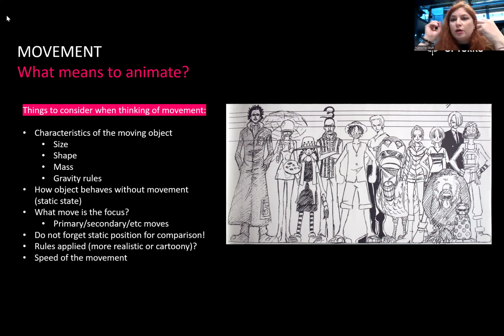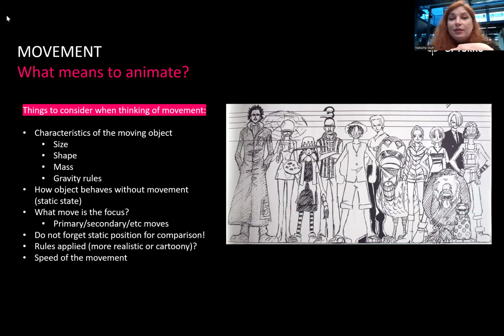Or you are throwing a ball. So the act of throwing is mostly the act of the human or whoever is throwing. How does that movement go? And then how the ball behaves after the act has taken place.